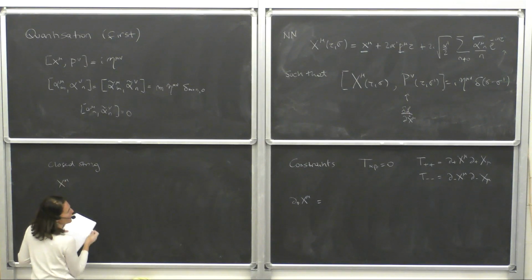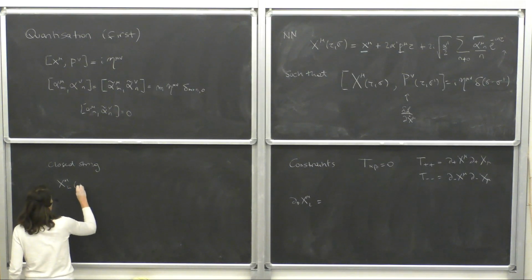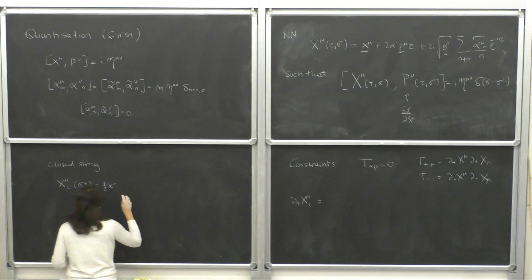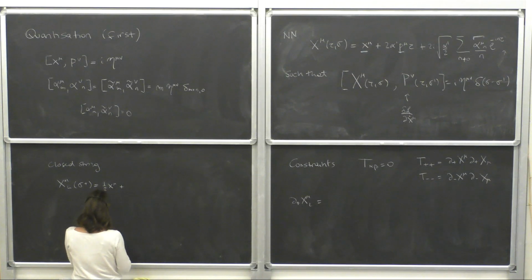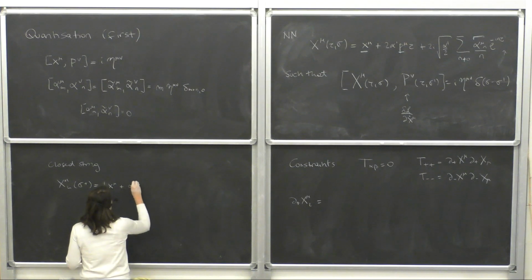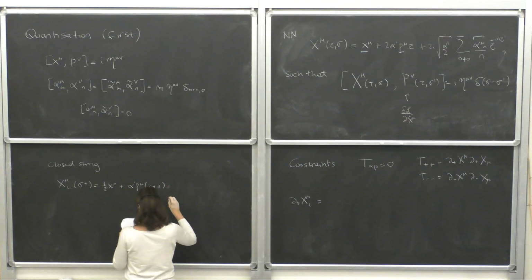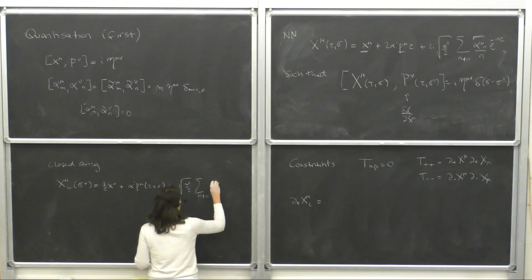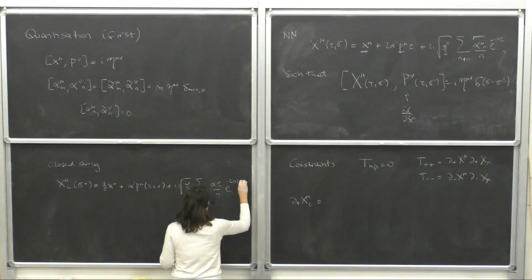X mu left, which depends on sigma plus, was 1/2 x mu plus alpha prime p mu tau plus sigma, plus i square root of alpha prime over 2, sum over n different from 0, alpha mu n over n, e to the minus 2 i n tau plus sigma. The coefficients will not be important.